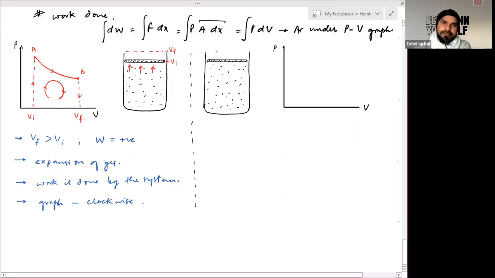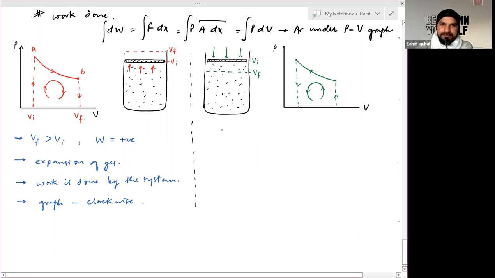Similarly, in the second part, suppose work is done on the system from outside to compress it from some initial volume to some final volume at this point. So the curve will be along this way from some initial point to some final point. If you plot it, it would look like an anti-clockwise direction.